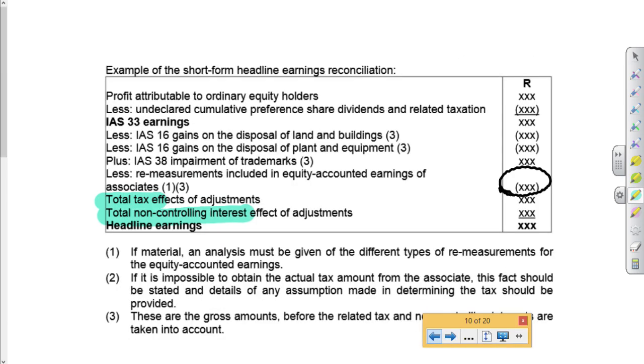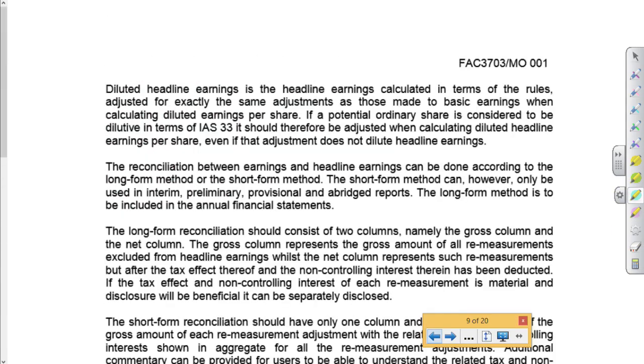Let's have a look at the example. So the example, they don't actually say, do they say anywhere what their preferred is? Oh, okay, they say you must use the long form. The long form is to be included in annual financial statements. They're saying the short form is only to be used in interim reports.